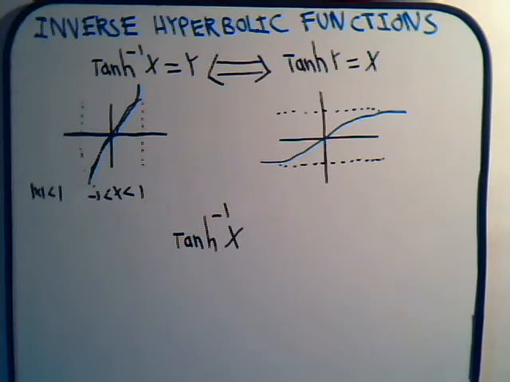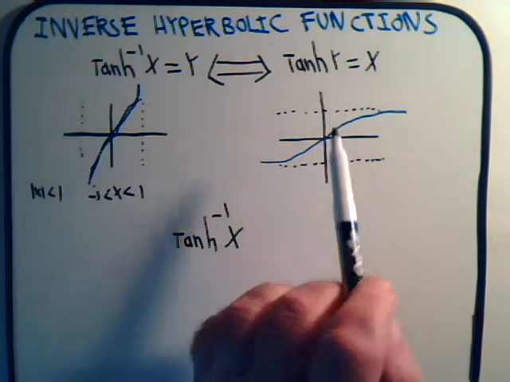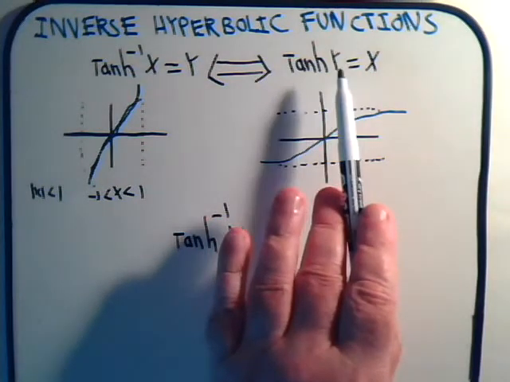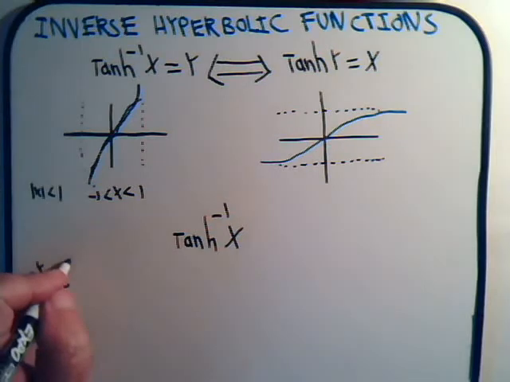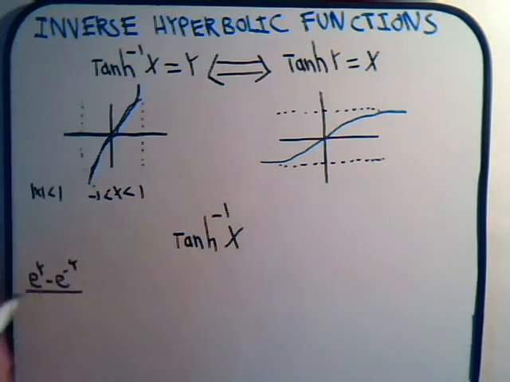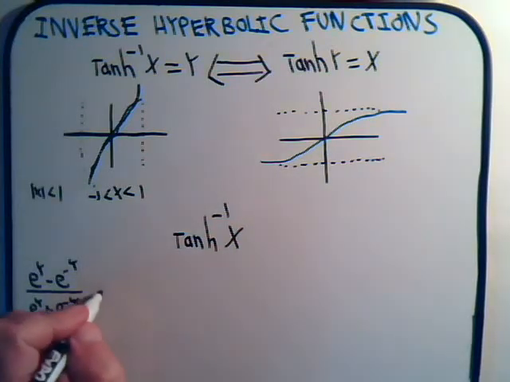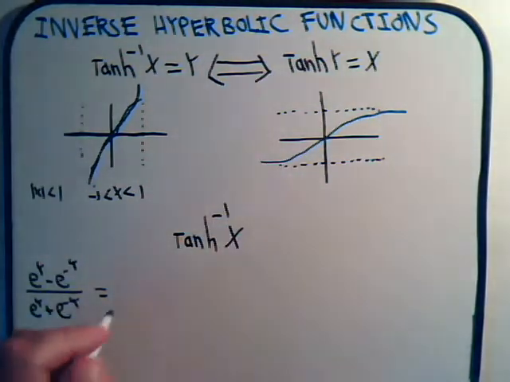Okay, we proceed just like we have been doing. We start with this expression here, which will give us e to the y minus e to the minus y divided by e to the y plus e to the minus y, the hyperbolic sine over the hyperbolic cosine, and that is equal to x.